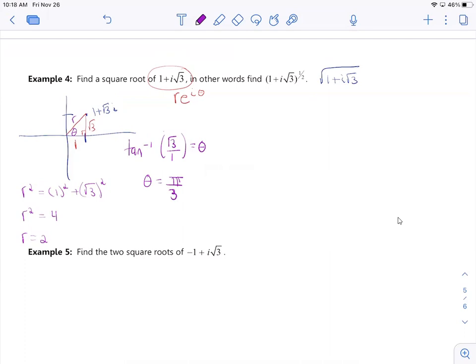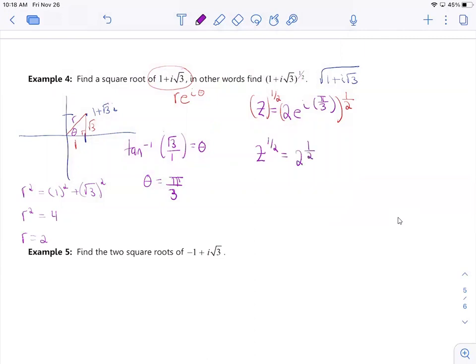So now we're going to name this complex number z, lack of creativity, 2e raised to the i times our theta, which is pi over 3. Okay, so what I want to do is raise this to the 1/2 so I can find the square root. Well, knowing our properties of exponents, we get 2 raised to the 1/2.